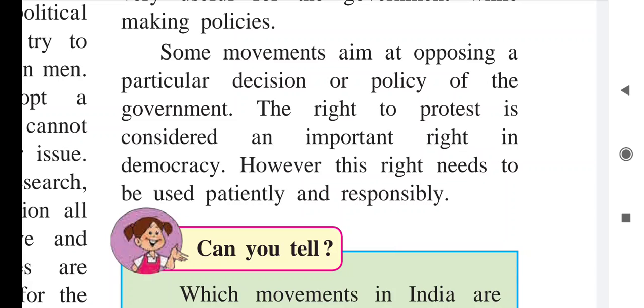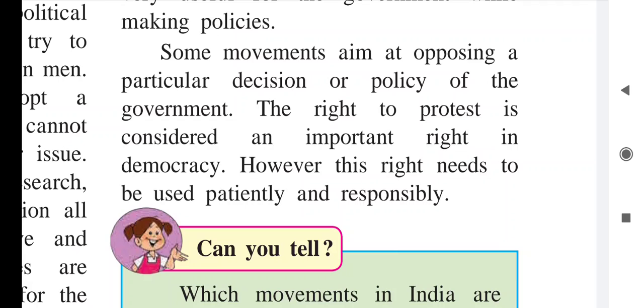When the government took the decision to open the admissions of 11th, 12th and police bharti, opposition started from the people against the government decision: stop that police bharti now, because our problem is still not solved. Like that, on many decisions the government is taking, when people do not agree, they oppose through their movements.